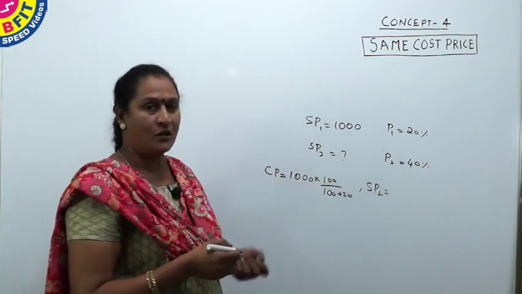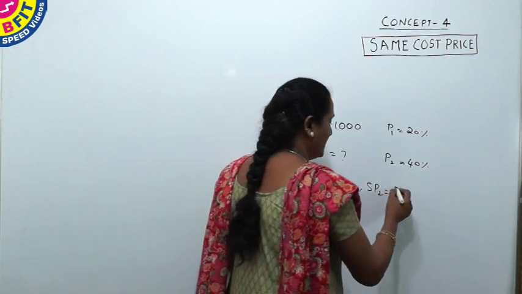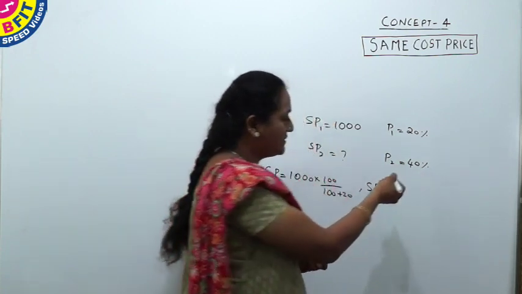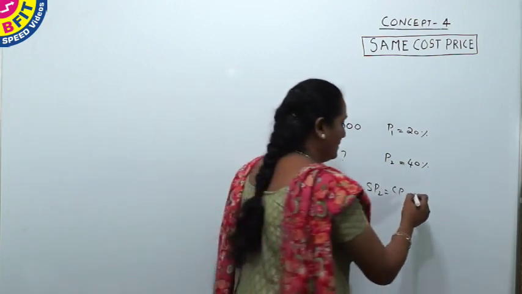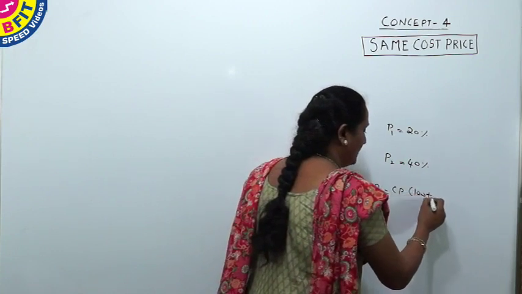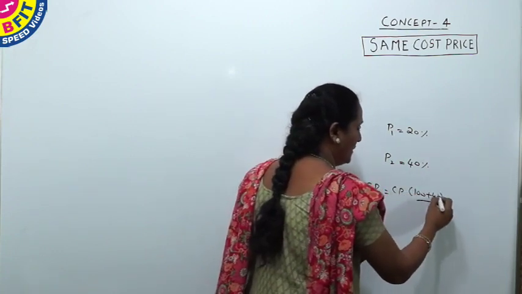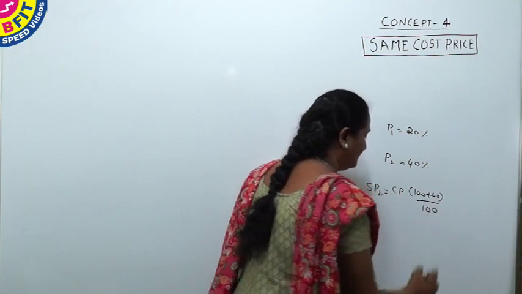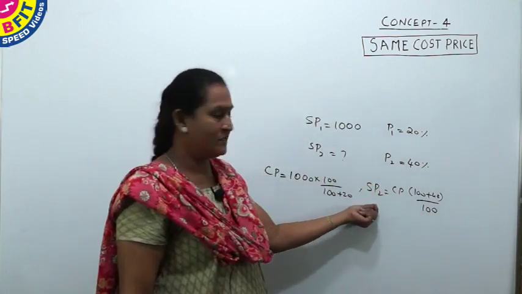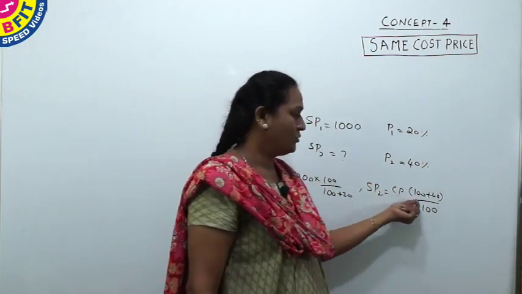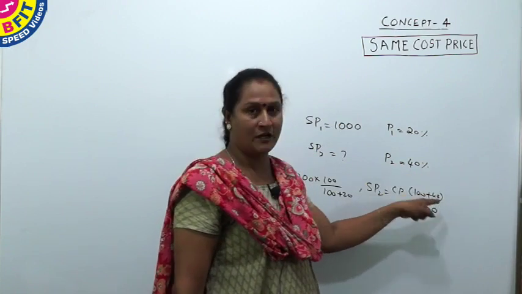We have got the cost price. With this cost price, the profit percent needed is 40, so the change factor is 100 plus 40 by 100. So selling price 2 is this cost price into 100 plus 40 by 100.